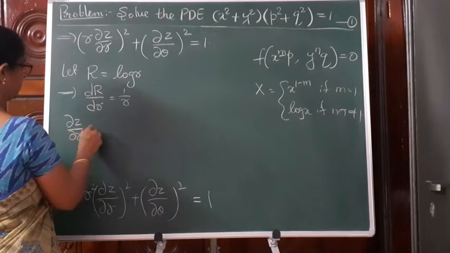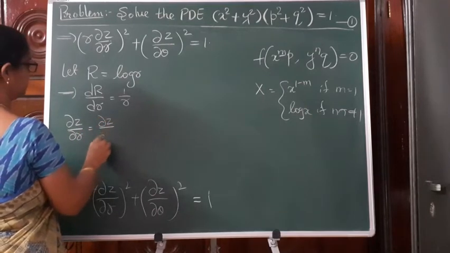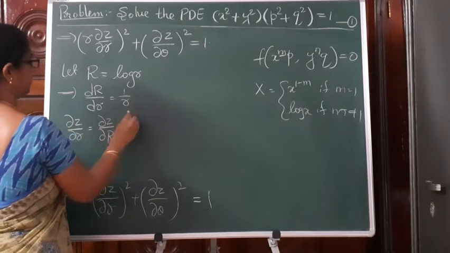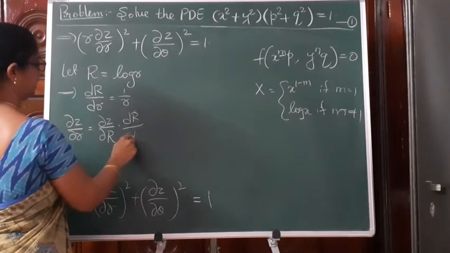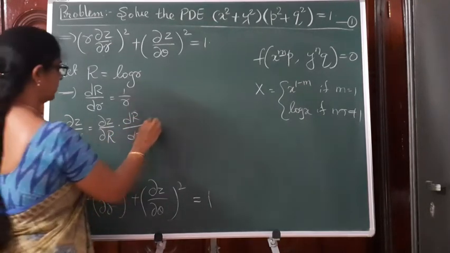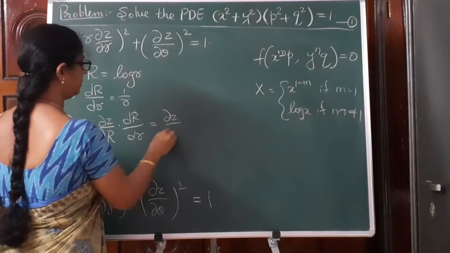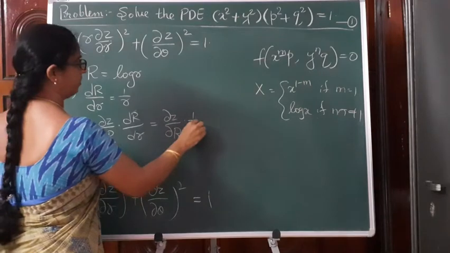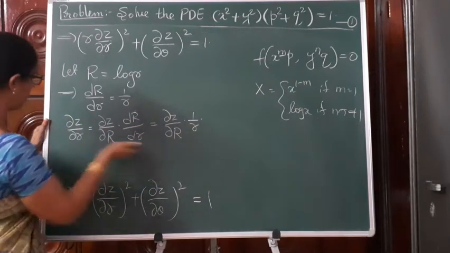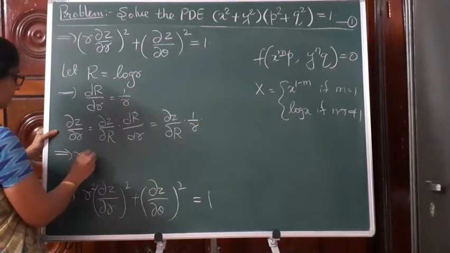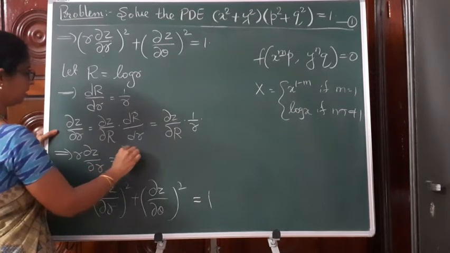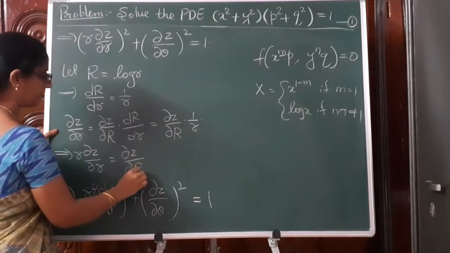Dou z by dou r can be written as dou z by dou capital R into d capital R by dr. That is equal to dou z by dou capital R into 1 by r. From this, r into dou z by dou r is equal to dou z by dou capital R.